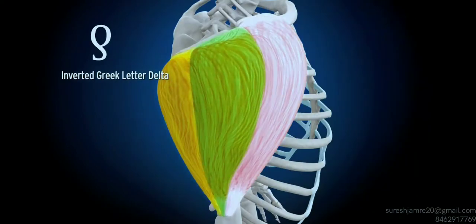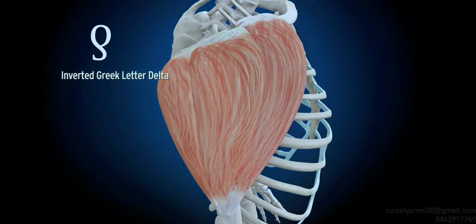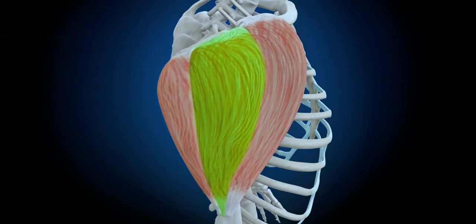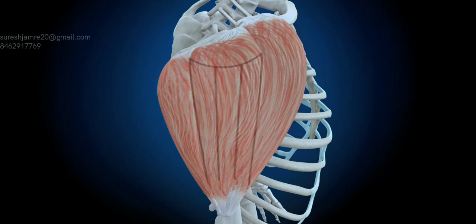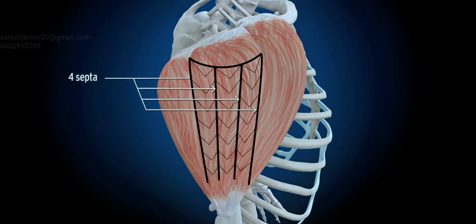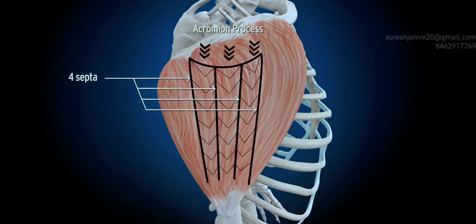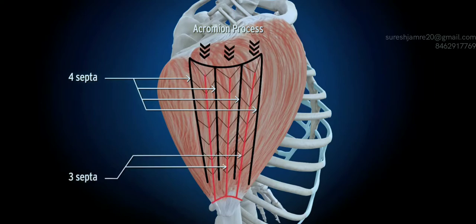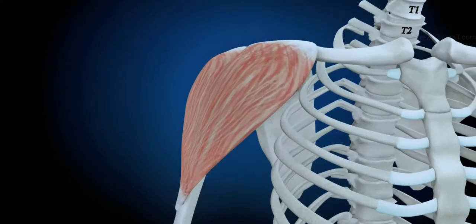Hence, this muscle is named deltoid. The acromial part of deltoid is an example of a multipinnate muscle. Many fibers arise from 4 septa of origin that are attached to the acromion. The fibers converge onto 3 septa of insertion which are attached to the deltoid tuberosity.